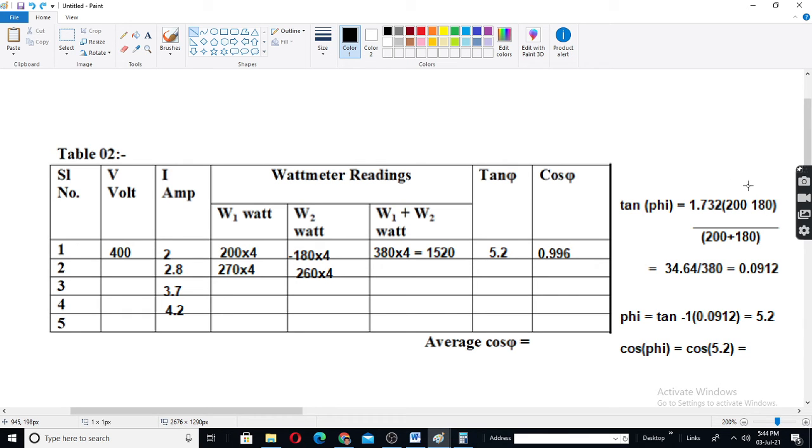Now in the denominator you have W1 plus W2. W2 is negative, hence 200 plus minus 180 means 200 minus 180.